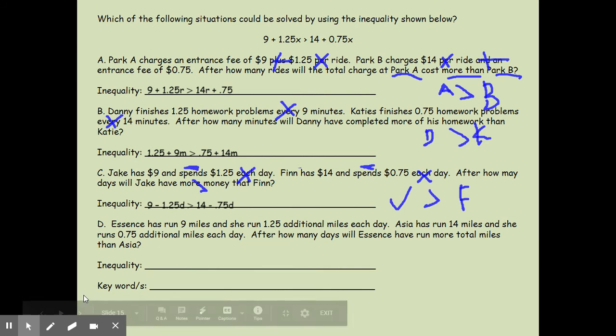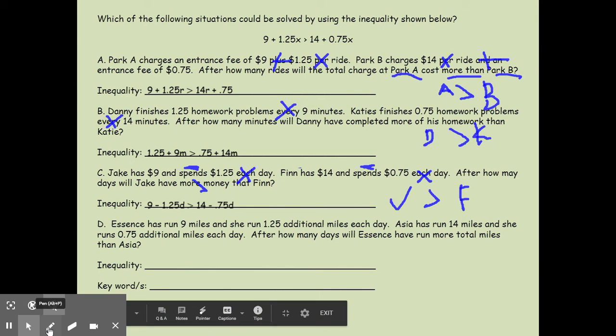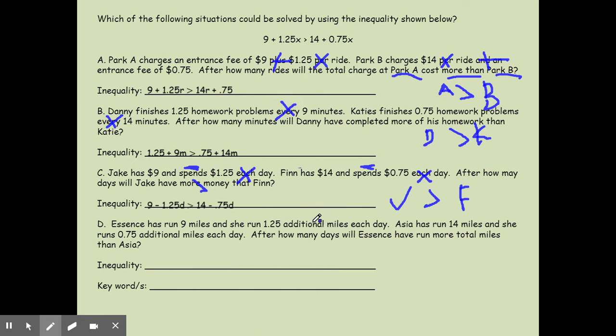We have Essence has run 9 miles and she runs an additional. So if it's additional, we're going to add miles each day. So here's my variable. My 1.25 has my variable. Asia has run 14 miles and she runs 0.75 additional miles each day.